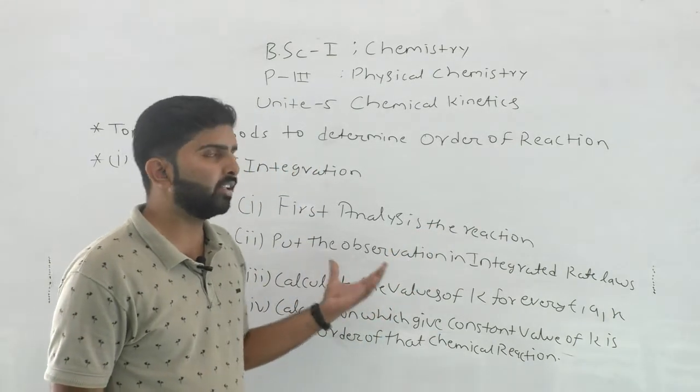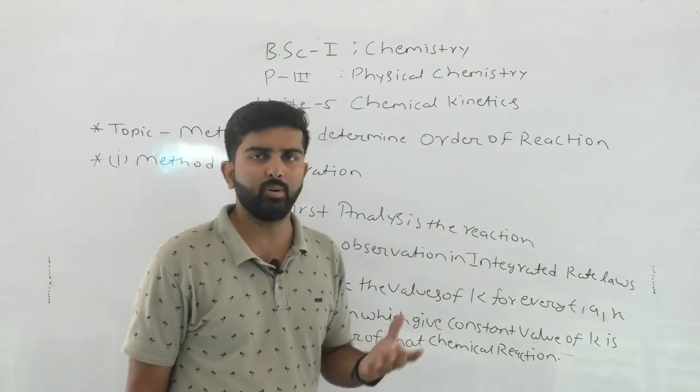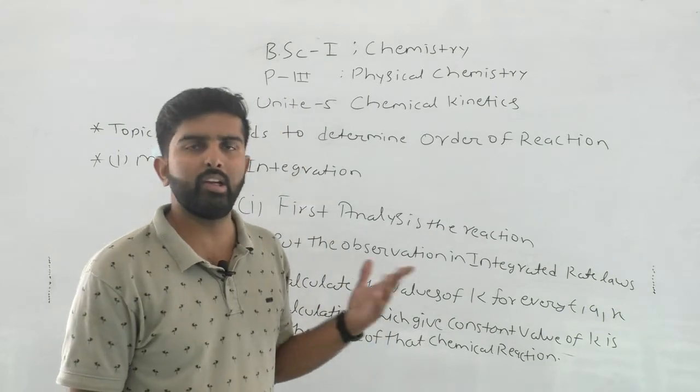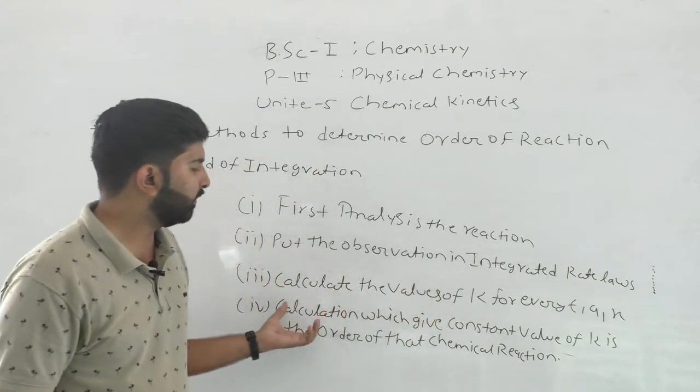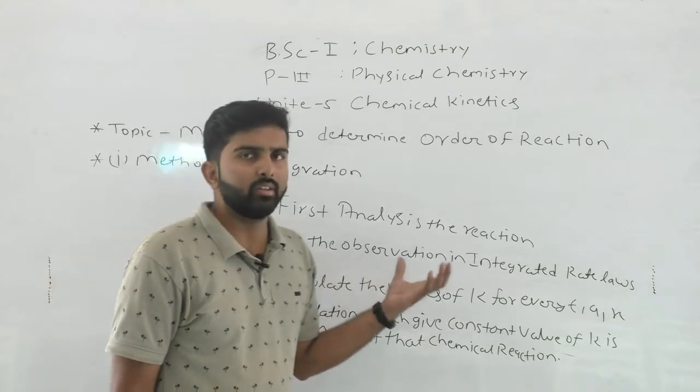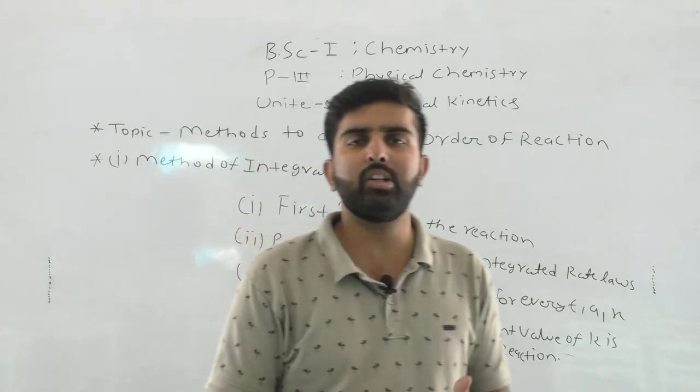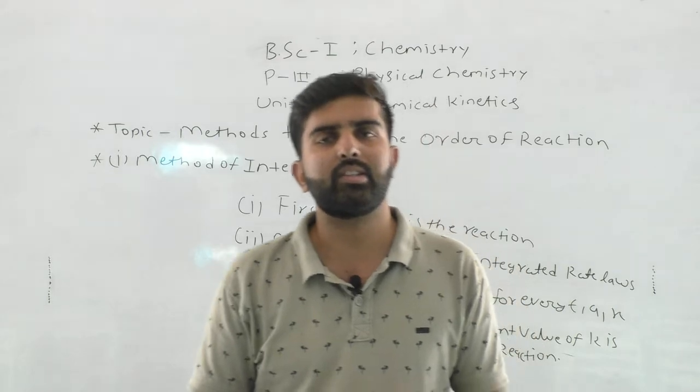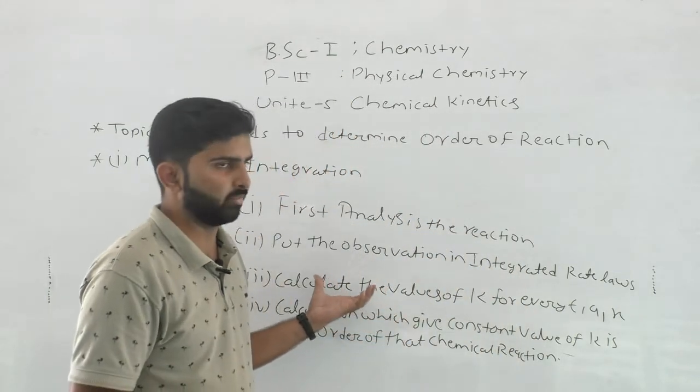Then we calculate the values of the rate constant for each time and value of x. Then the equation which gives the constant value of k is the order of the reaction.